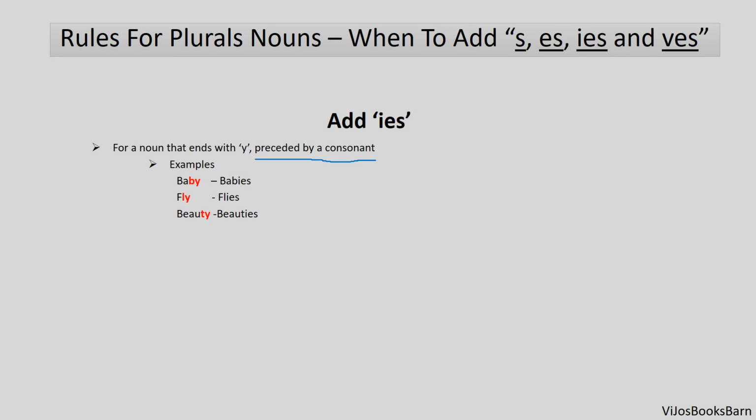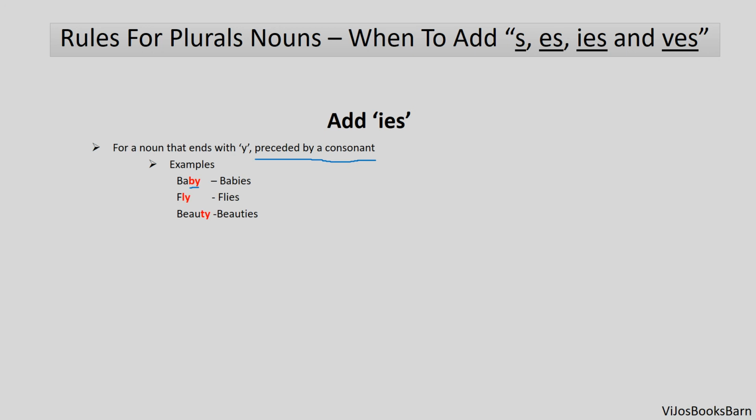So here in this example, baby, the word ends with Y and is preceded by B, which is not a vowel but a consonant. So add IES, babies. Replace the Y with IES.